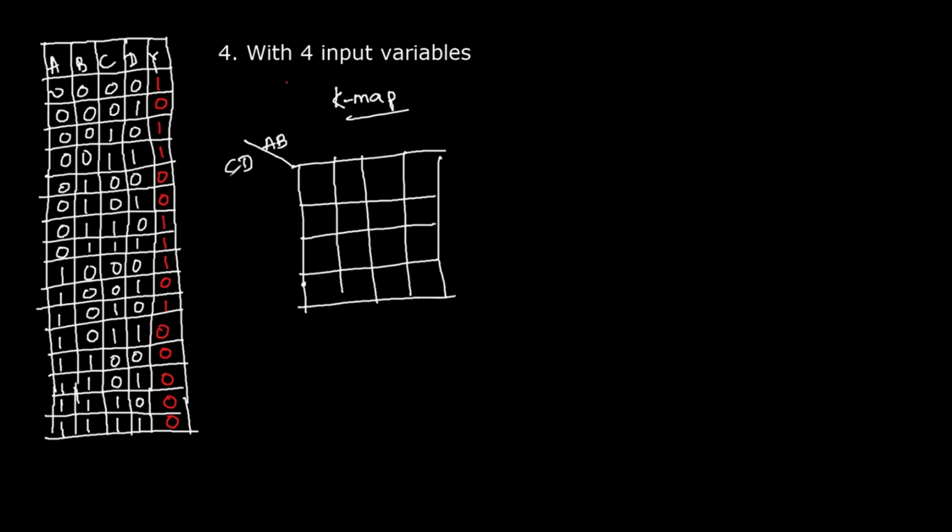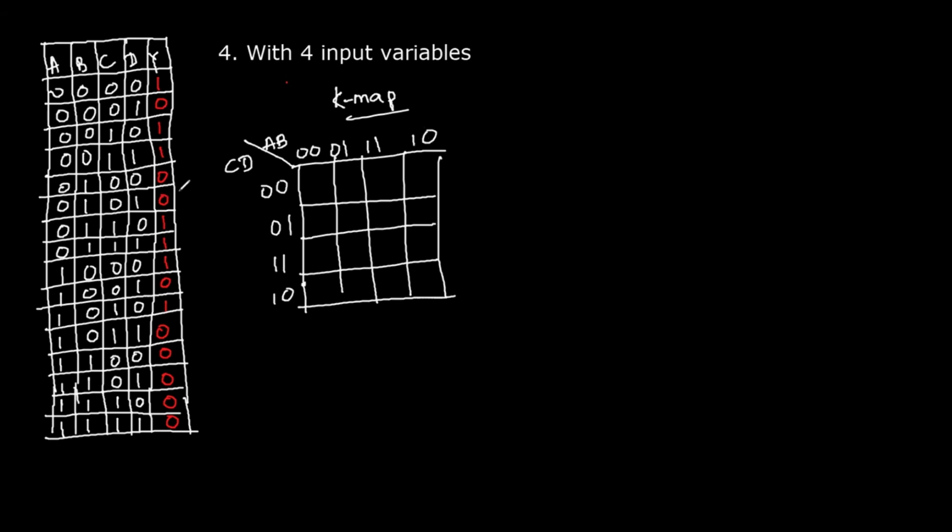Does not matter as long as you make sure that the constant for C or the constant for D is the same as the combination given here. So for example, you see that when CD is 1, 0. So let's just fill it out over here: 0, 0, 0, 1, 1, 1, and 1, 0.